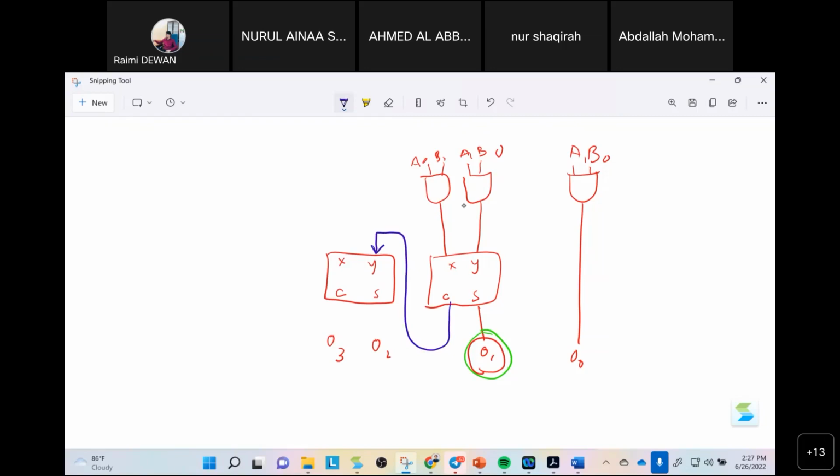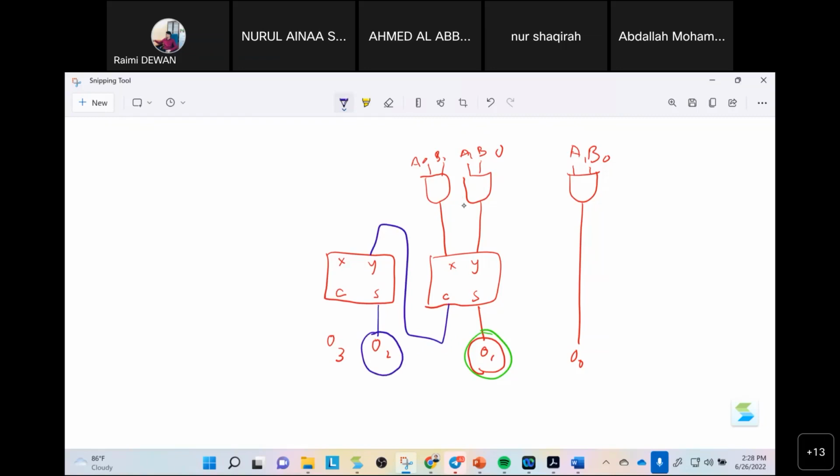The arrow is not correct there, but I want to show you the movement. If any summation result has a carry, then we carry to the next half adder. Then this one will be your output 2.